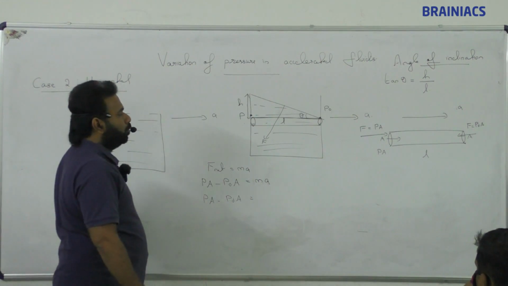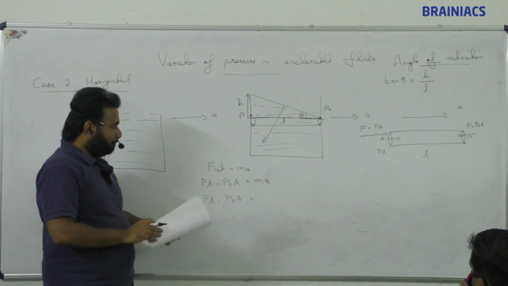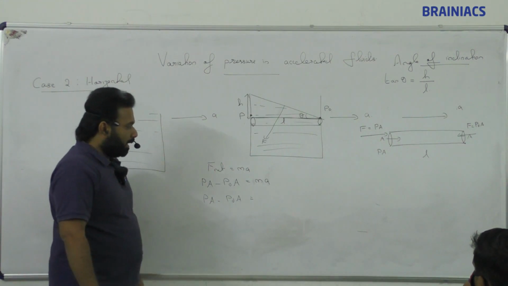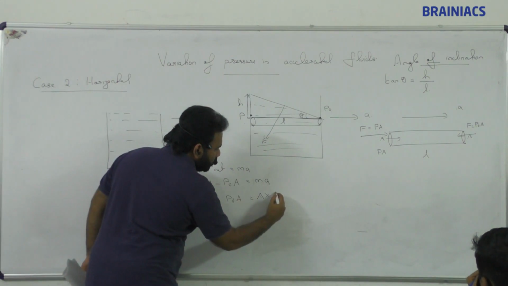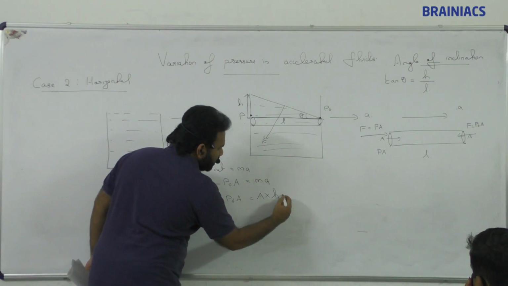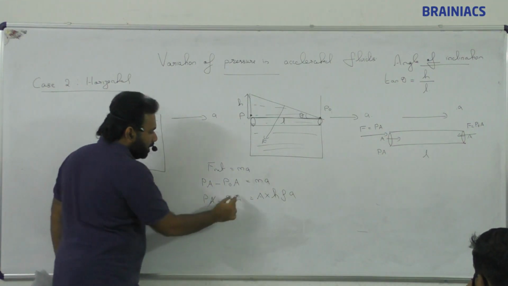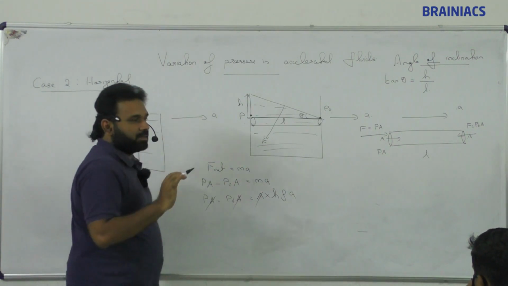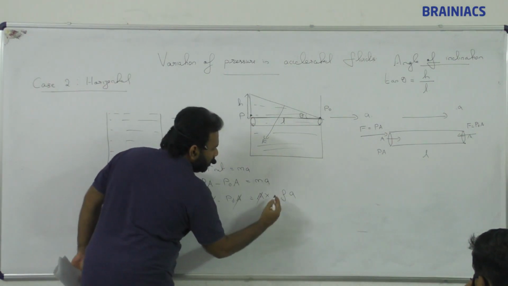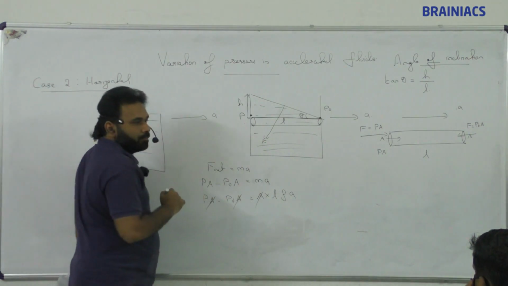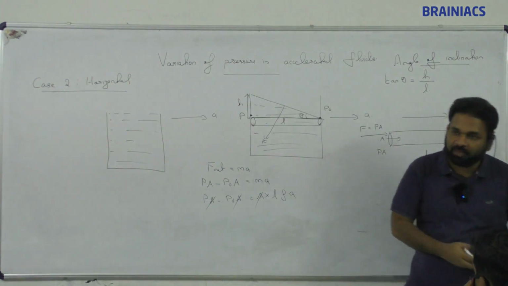So PA minus P naught A is equal to M, what can I substitute for M? Area into length into rho. Here A I have cancelled. Not H, but L. Which volume are we considering?